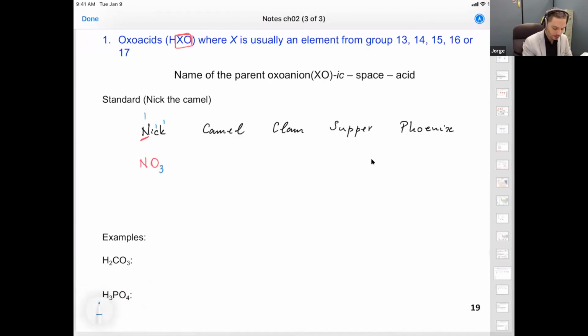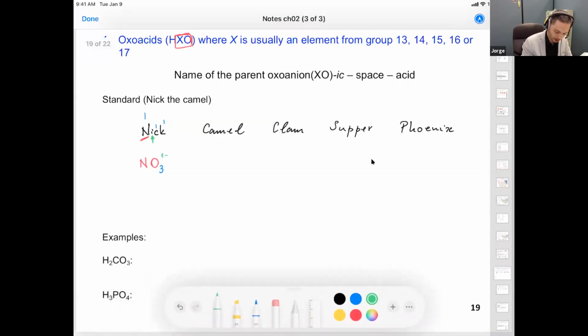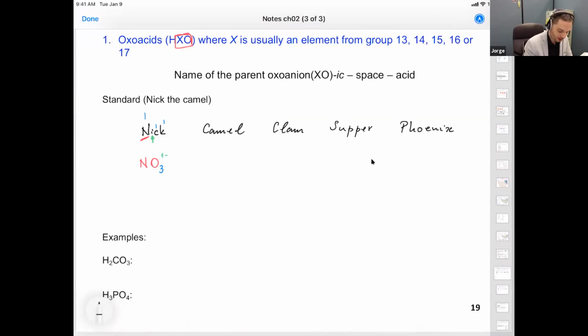And then the magnitude of the charge is equal to the number of vowels, just one vowel. Therefore, we have a 1 minus charge. Therefore, NO3 minus is the nitrate ion.